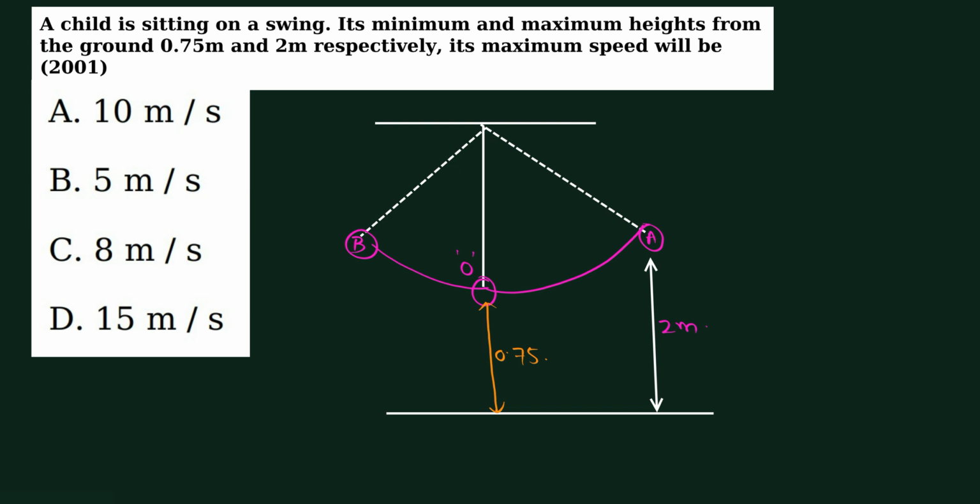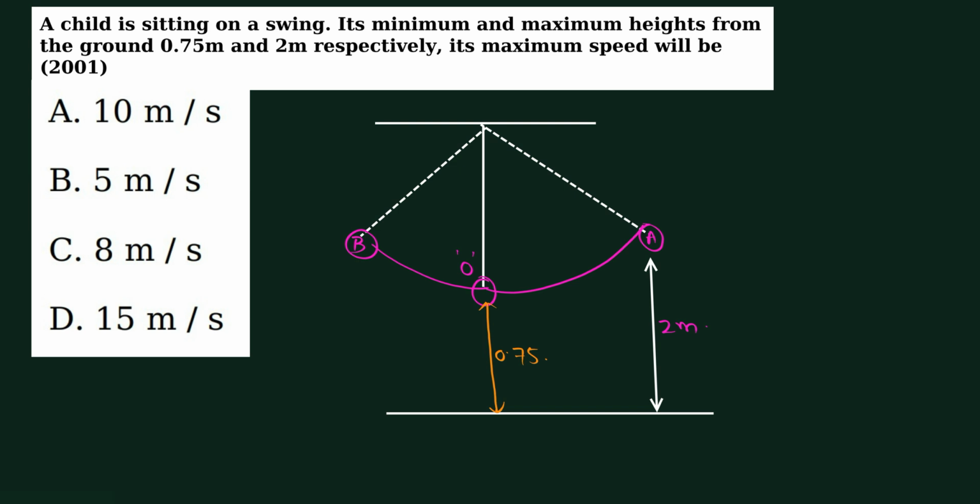You have the most potential energy at position A and the minimum potential energy at position O. The change in potential energy is equal to the gain in kinetic energy, as per the law of conservation of energy. The maximum drop in potential energy is equal to the maximum gain in kinetic energy.